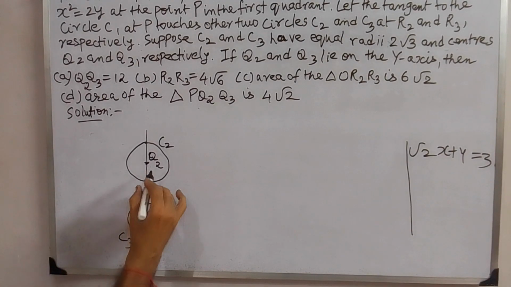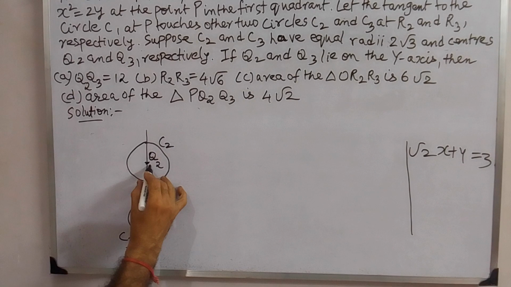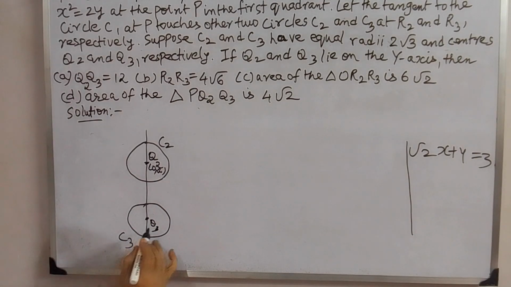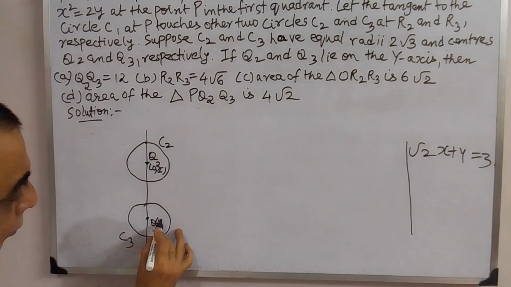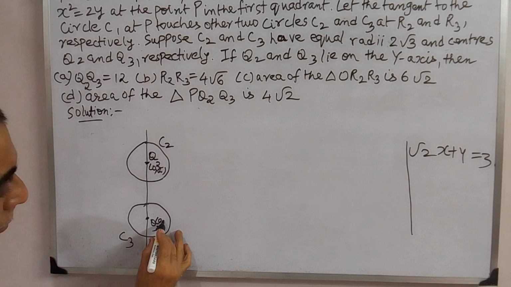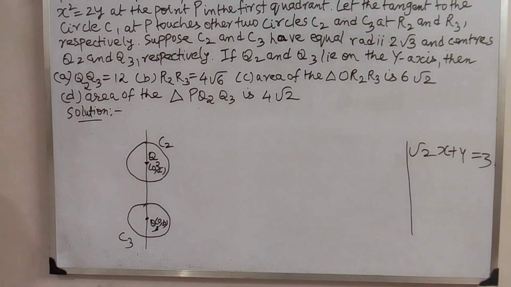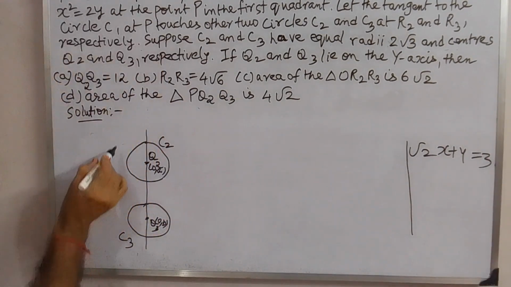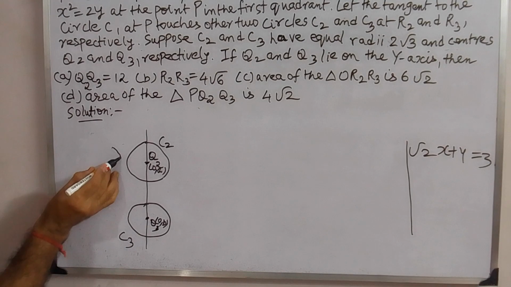So their x-coordinate will be 0, and the y-coordinate may be some number. Suppose here I am taking A, and here the x-coordinate will be 0 and the y-coordinate will be something, suppose the number B. And it is being told to us that this tangent is meeting these two circles at two points.